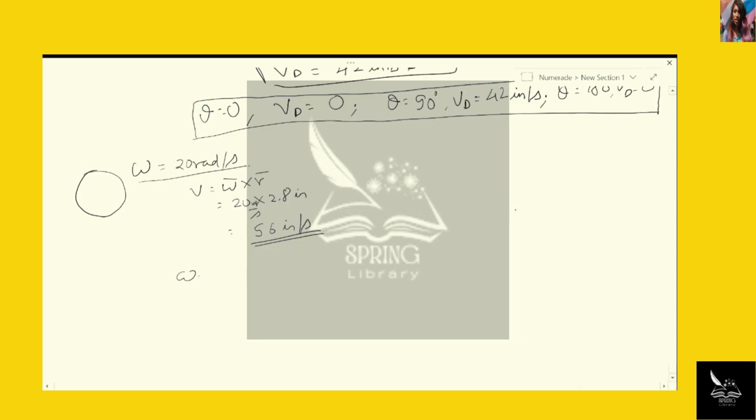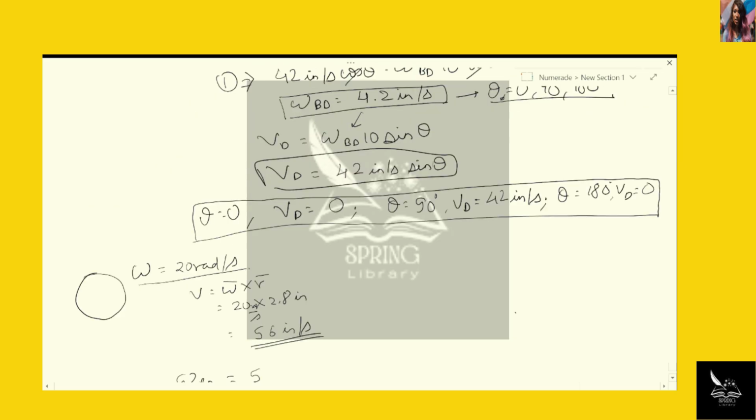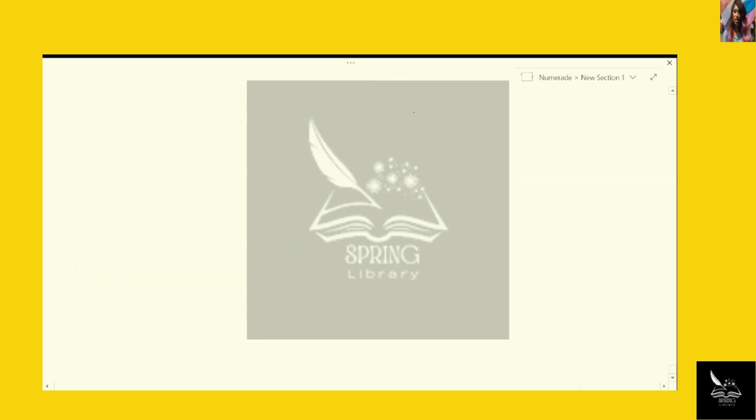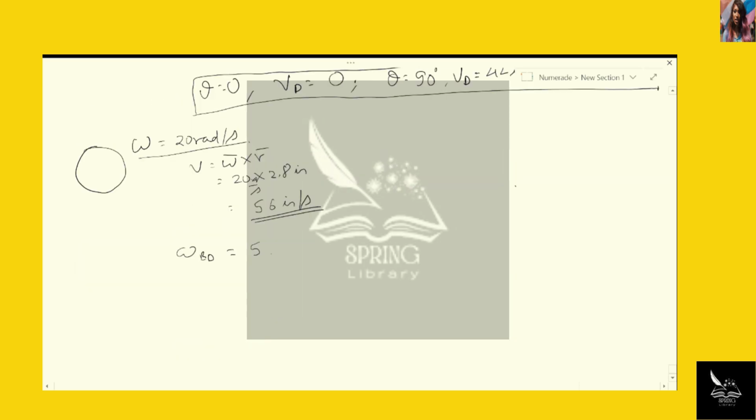Everything else remains the same. So omega BD, as we figured out, is independent of the angle. In the case above we found it 4.2 per second, so analogously, in this case, we will find it 5.6 per second for both thetas.